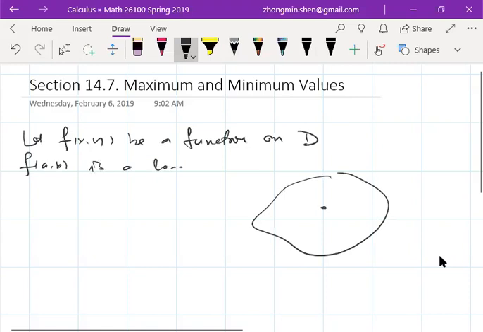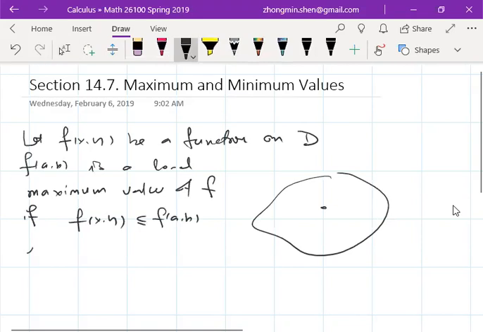Is a local maximum value of the function f. Local means only in a small neighborhood. Okay? If the value of the function is always smaller than or equal to that number for x and y nearby the point (a,b). Okay?